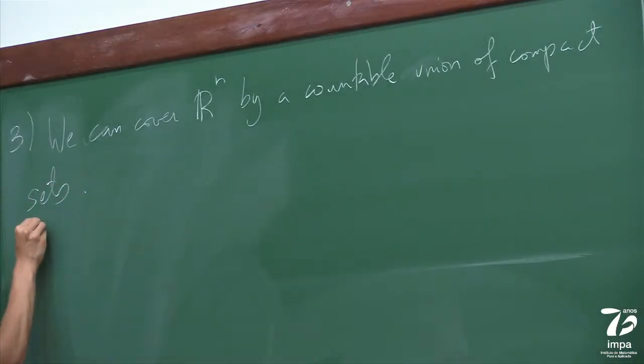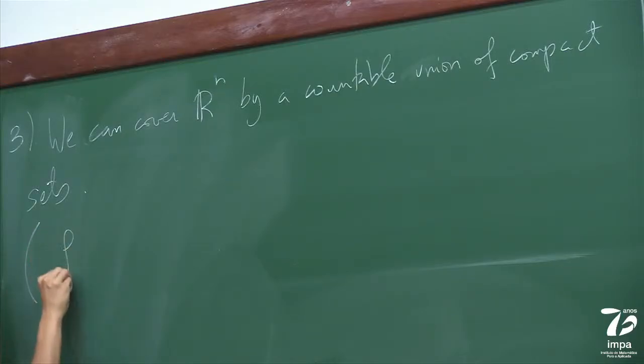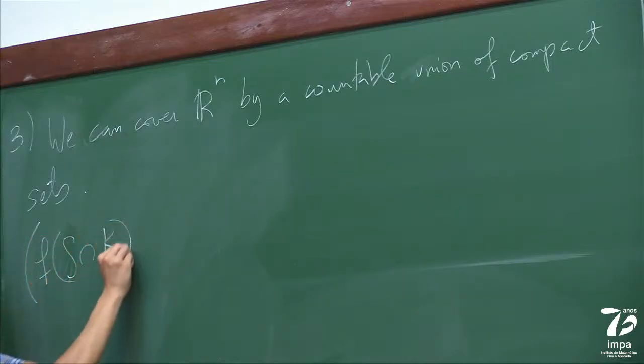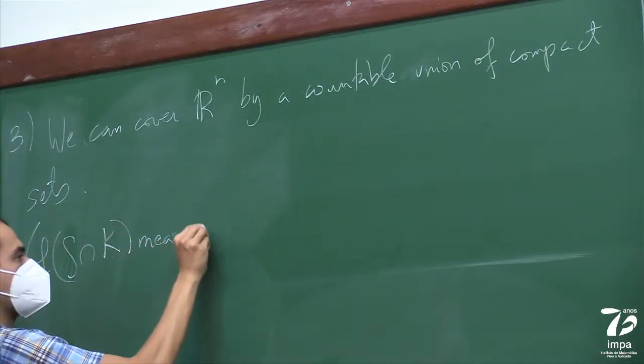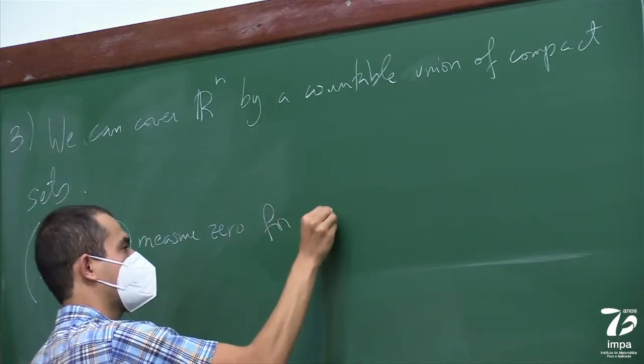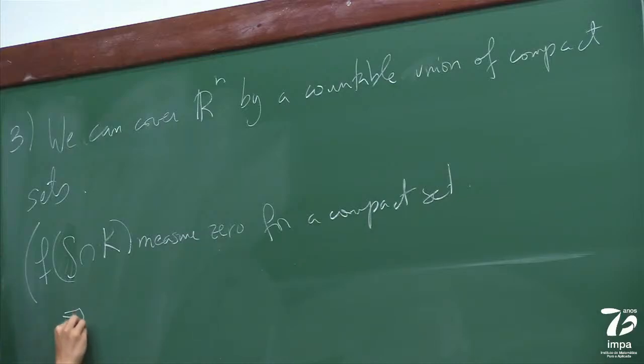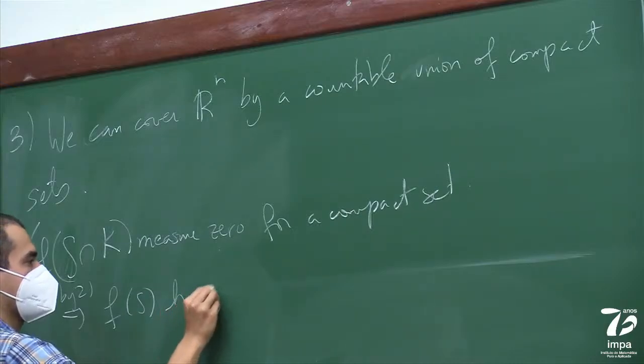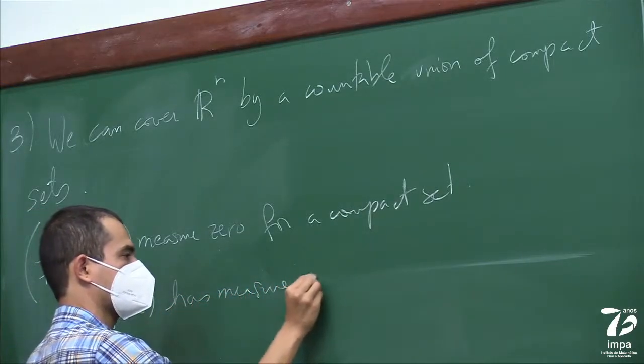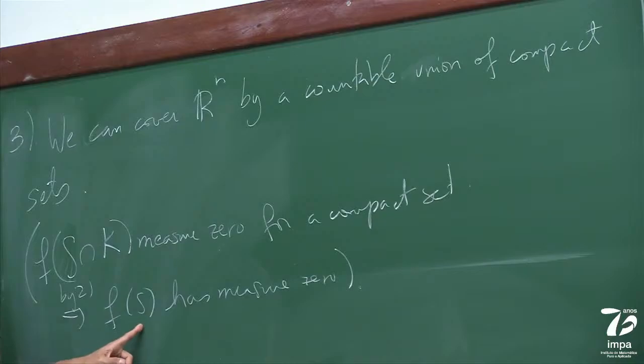Well, let me write what the implication would be. So basically, if f of S intersected with the compact set has measure 0, and you can show that for a compact set, then by property 2, this implies that f of S has measure 0, because f of S is clearly the countable union of sets of this form.